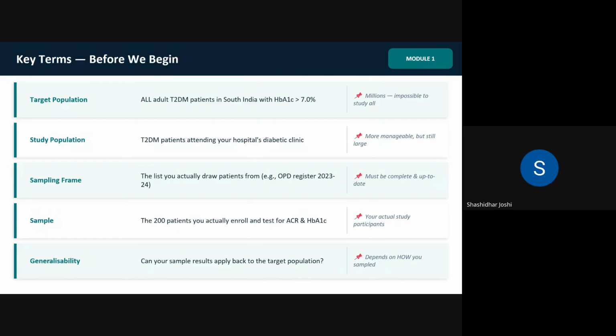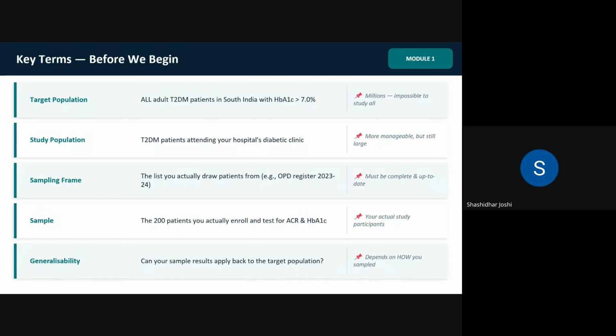So, target population again: all adult T2DM patients in South India with HbA1c greater than 7.0. The third column will tell you there are millions, which makes it an impossible study. Again, cost and time come into the picture here.